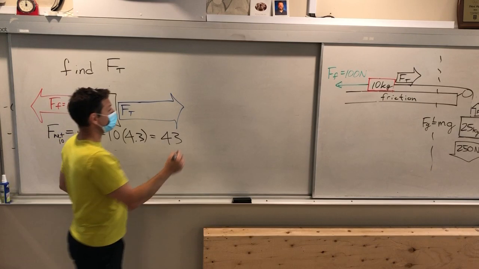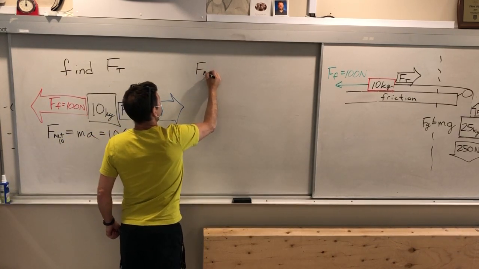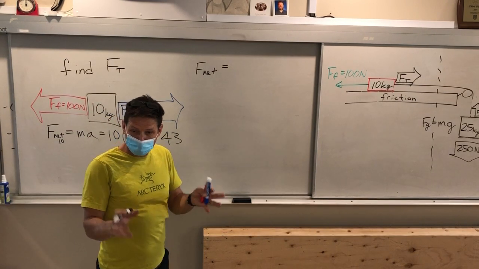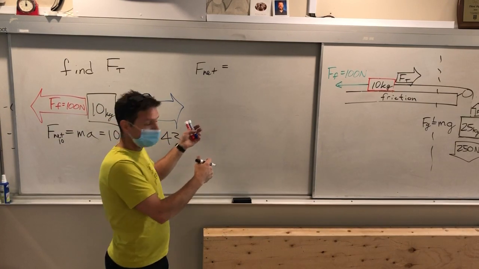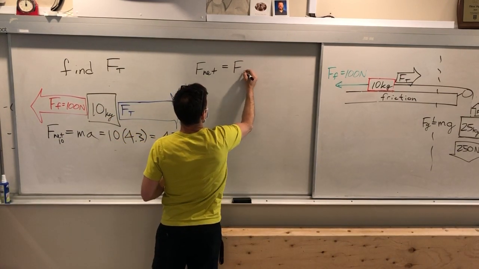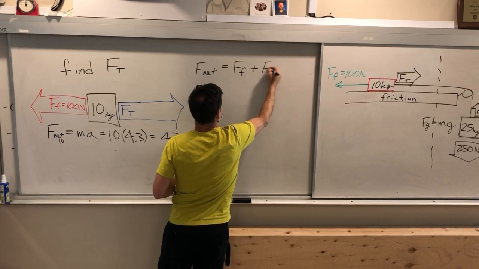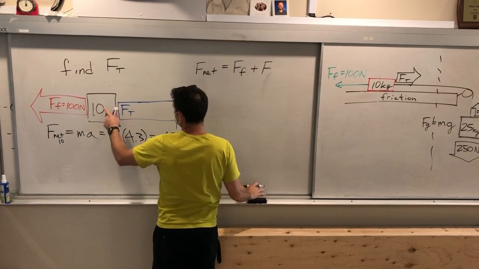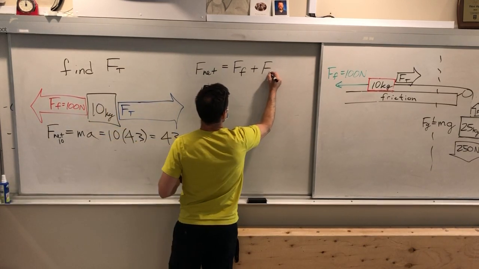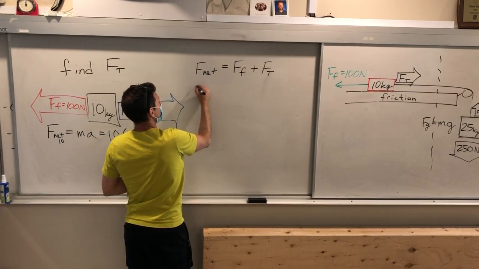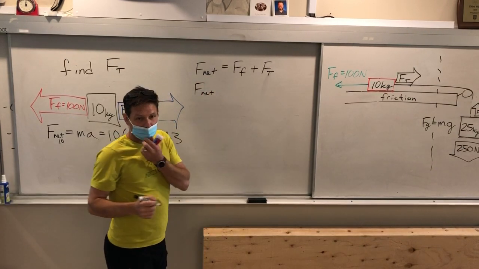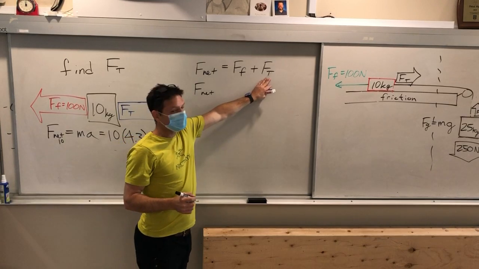So if you're mathy, you're going to say, I rest on the fact that all the forces added together will be my net force. So this is going to be friction plus tension, right? Because on this block we have friction and we have tension. So if I add them together, they have to equal this. So what do I want to find again? FT. We want to find FT.